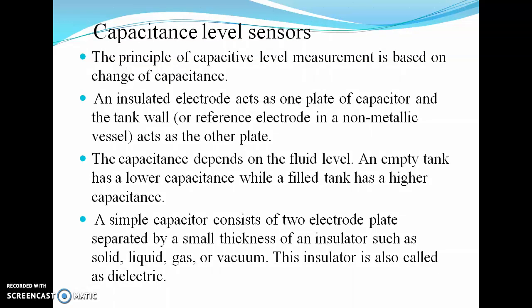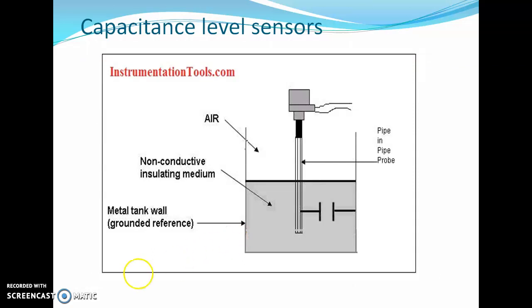The principle of capacitive level measurement is based on the change of capacitance. An insulated electrode acts as one plate of the capacitor, and the tank wall, which is the reference electrode in a non-metallic vessel, acts as the other plate, as we have seen here. This is the ground reference.